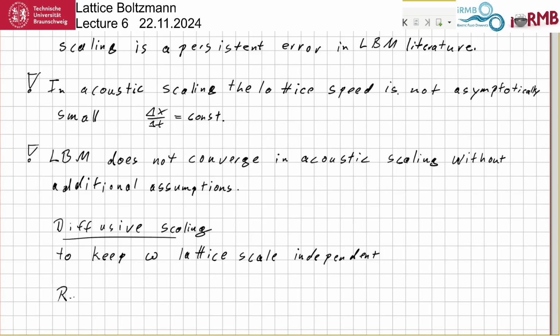So what do we have to do? We have the Reynolds number, U star L star divided by CS square times (1 over omega minus 1/2) delta T. And this thing is, of course, supposed to be constant. CS square we define as theta.